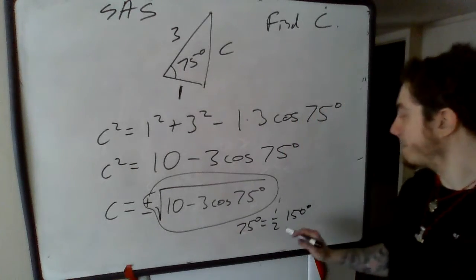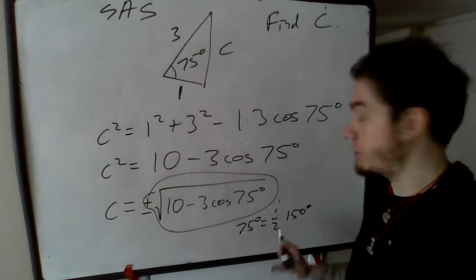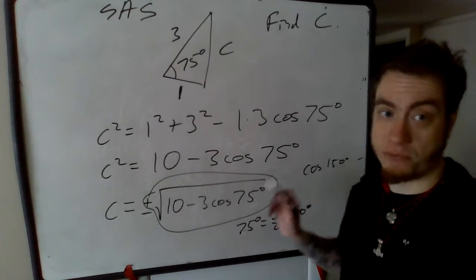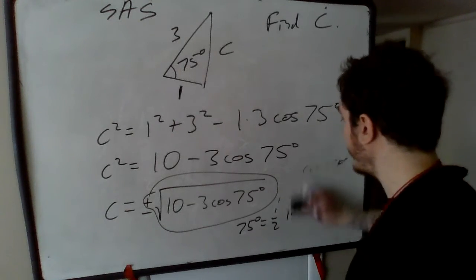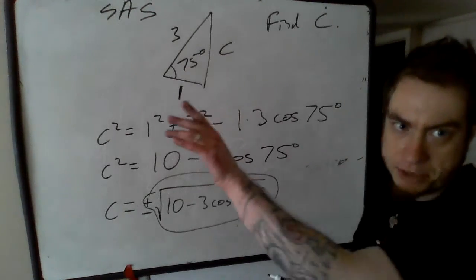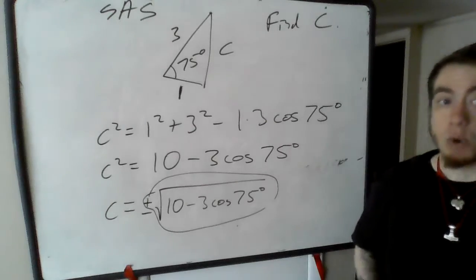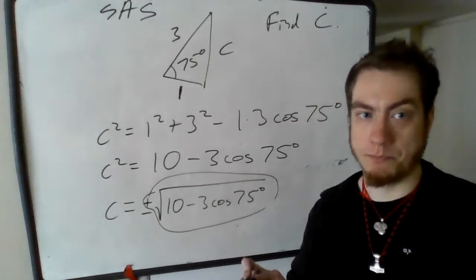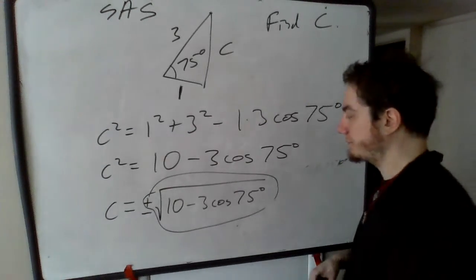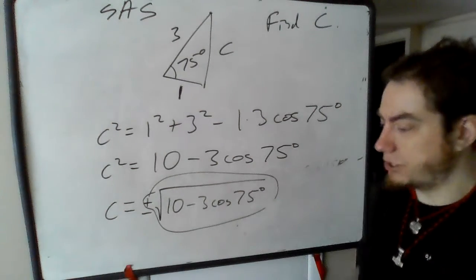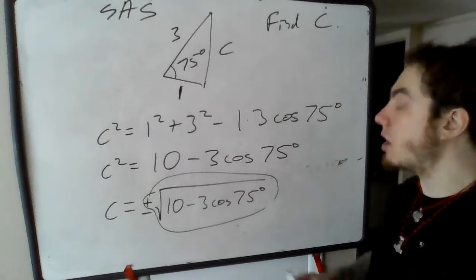So that means, because I know the cosine of 150 degrees, I can actually figure it out with the half angle identities, because 150 degrees, that's the same thing as 5 pi over 6. It's one of our special angles where we know sine and cosine. But like I said, just throw this thing into a calculator and be done with it. All right, so that's a quick example of how you can use the law of cosines as well.